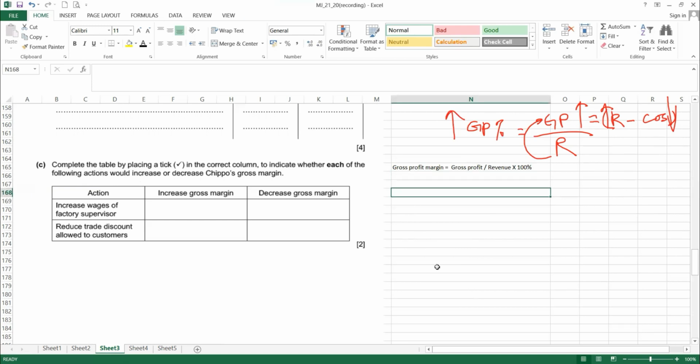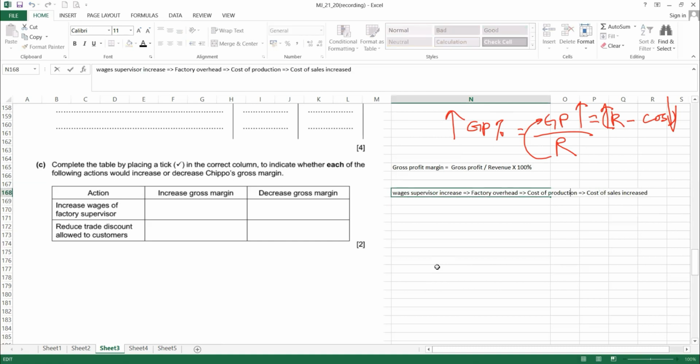Number one. Wages of supervisor increase. Where is the section of the supervisor? Factory overhead. Factory overhead is part of the cost of production. Cost of production is part of the cost of sales. So when these wages increase, cost of sales will increase.